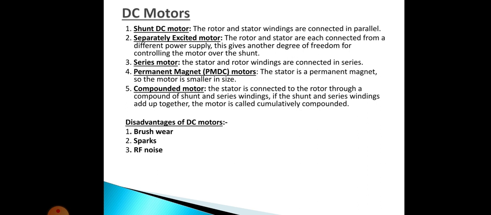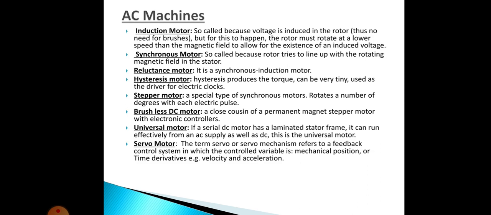The next one, AC machines. First, the induction motor. It is called an induction motor because voltage is induced in the rotor. But for this to happen, the rotor must rotate at a lower speed than the magnetic field. Therefore a new term is needed to describe the induction motor, that is the slip.